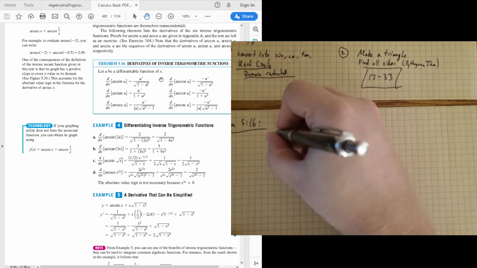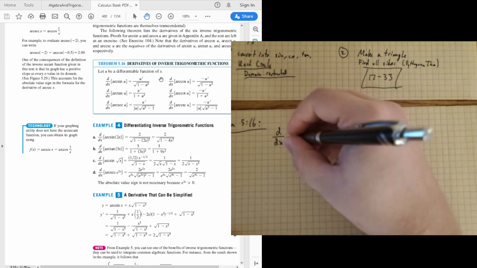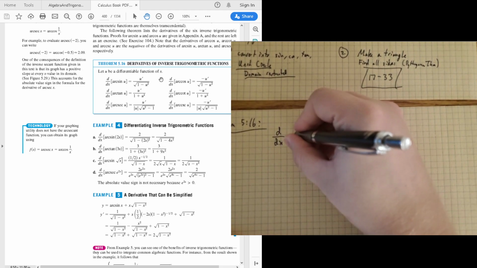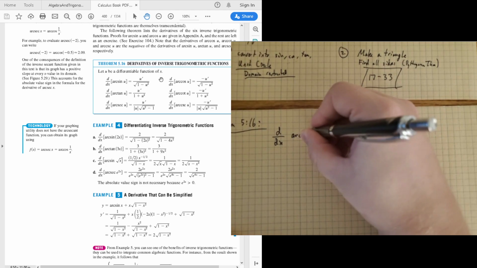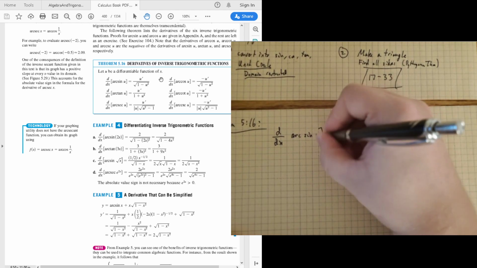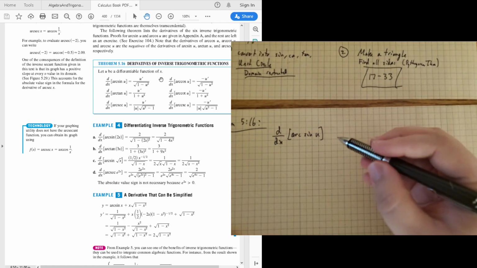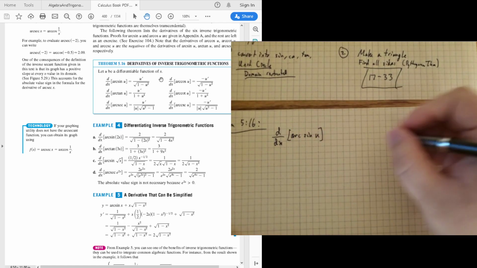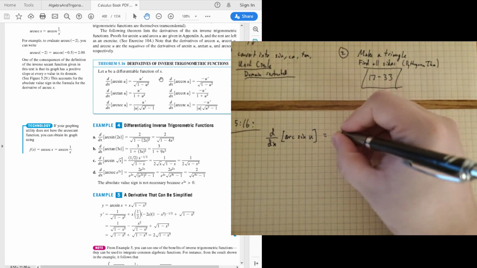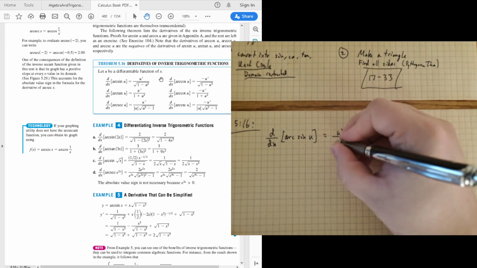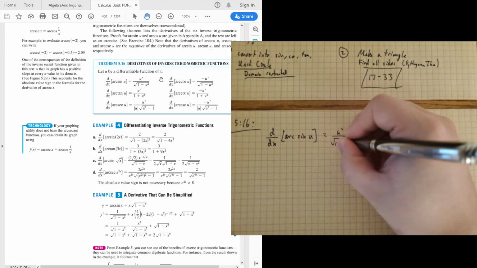So this would be the derivative with respect to x of arc sine of u, and then we have equal to u prime over the square root of 1 minus u squared.